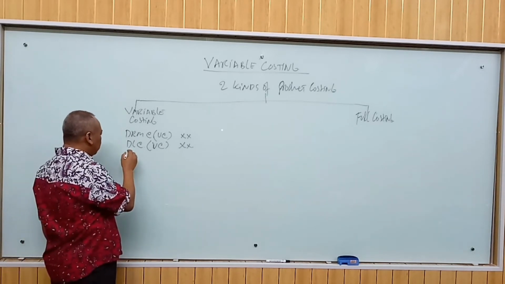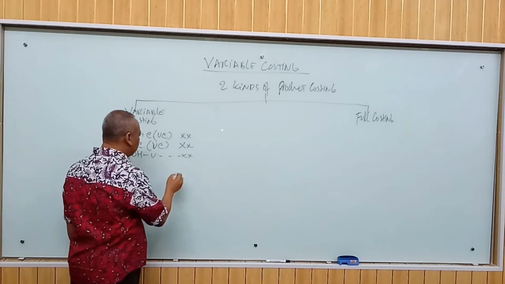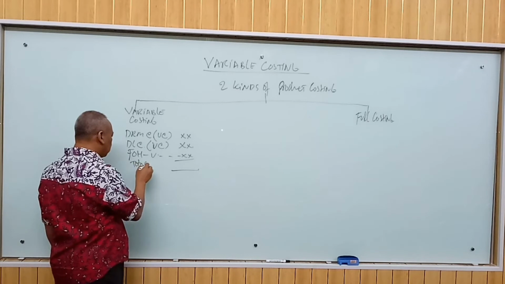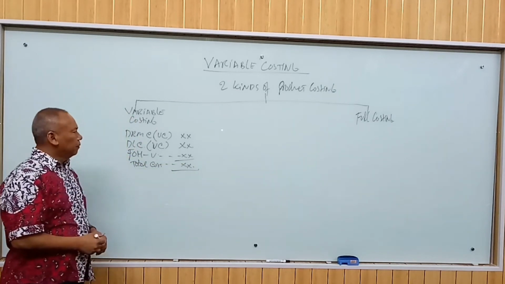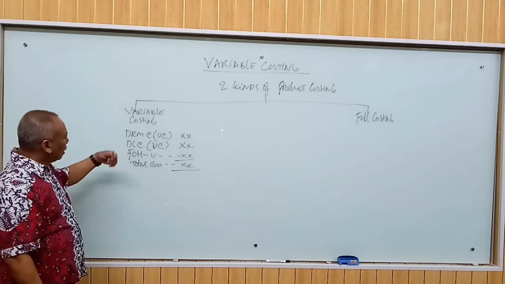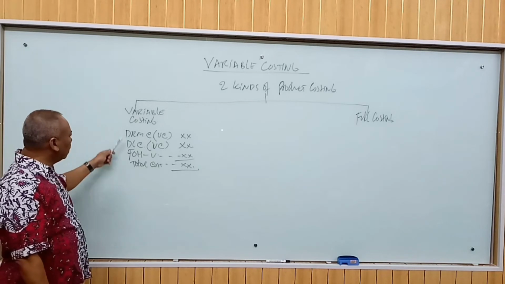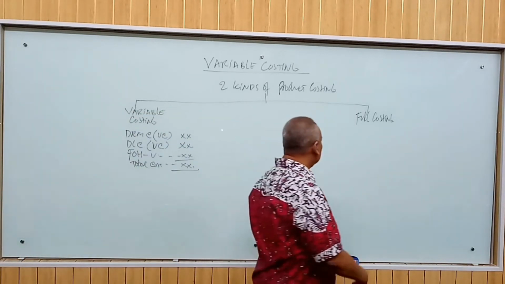And we add the variable factory overhead. So we get the total product cost. So this is how we calculate the product cost using variable costing, only variable manufacturing costs.